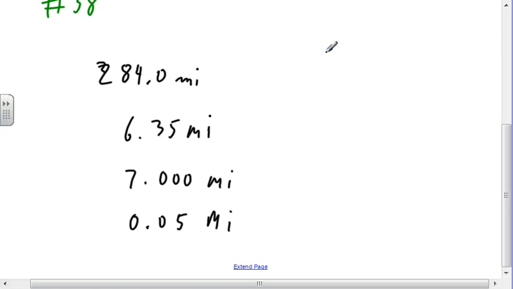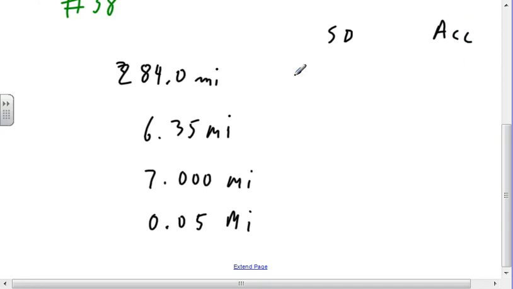Alright, so now we have significant digits and we have accuracy. So we'll look at that. And so I have 4 significant digits, 3 significant digits, 4 again, 4 significant digits, 1 significant digit.